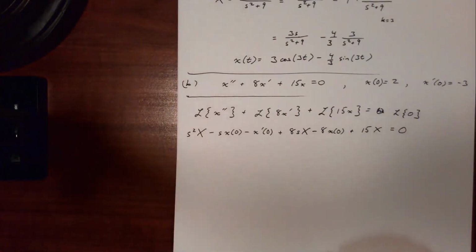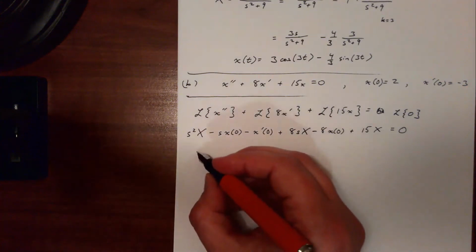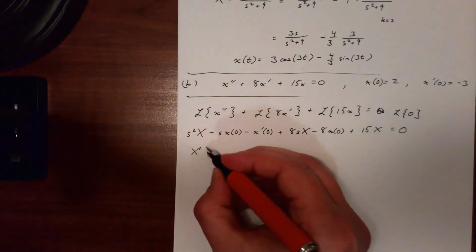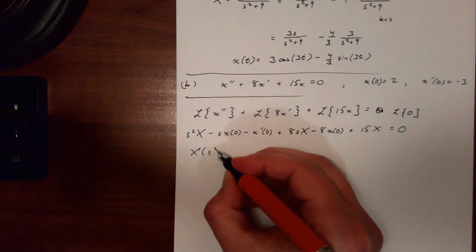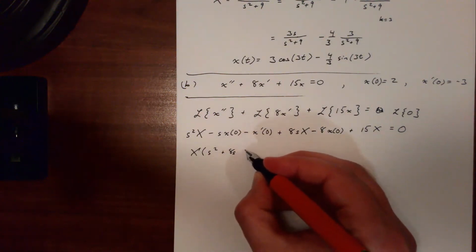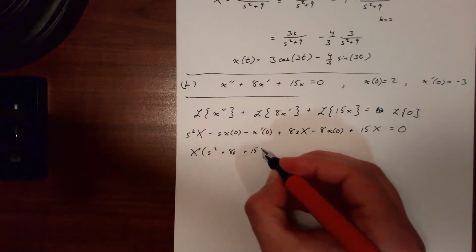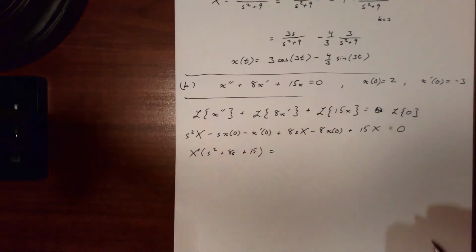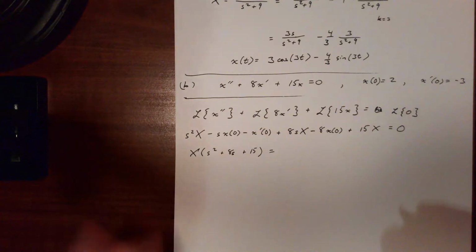All right, now remember the goal here. The goal is to solve this for X. And in order to solve this for X, I need to get all the X-related terms together. X times, what have I got? S squared plus 8s plus 15. So that's all the X-related terms, and they are all collected together on the left, and the X has been factored out.